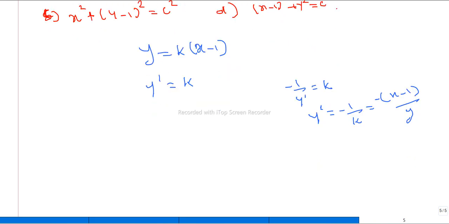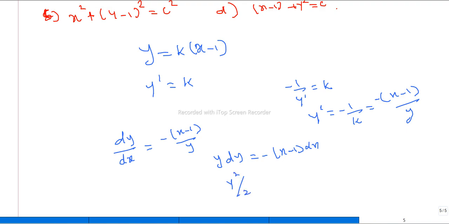Now apply the change of variable. So this is dy by dx equal to minus of x minus 1 by y. Just cross multiply, we get y into dy equal to minus of x minus 1 into dx. If you integrate this side, we get y square by 2, and the other side, minus of x minus 1 whole square by 2, plus some constant, we can take some c square.